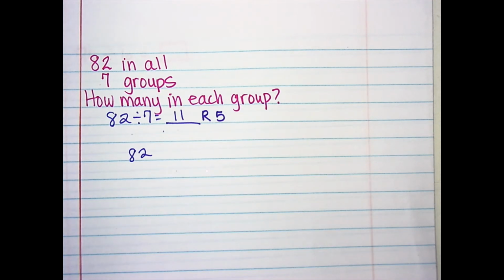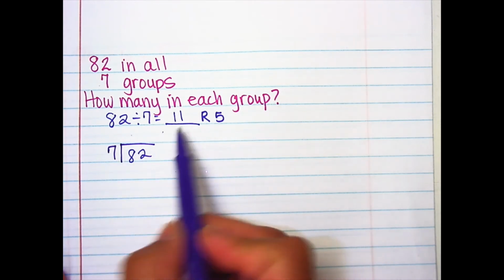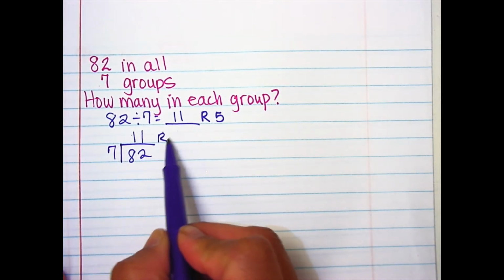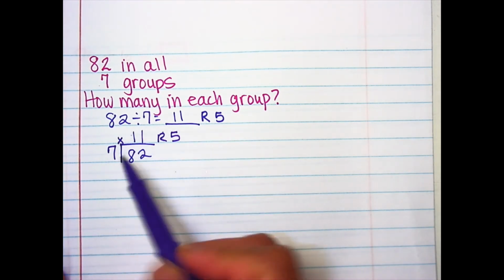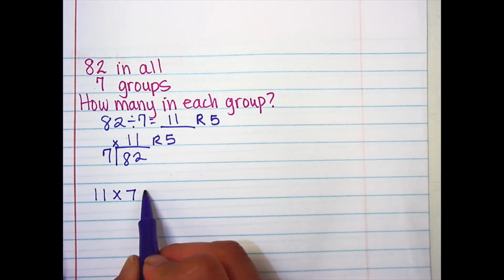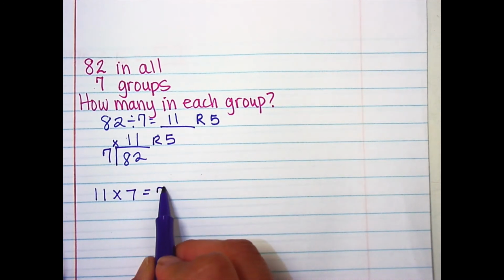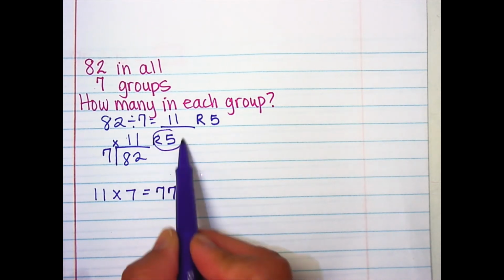We can also write it 82 divided by 7 equals 11 with a remainder of 5. And we can check our work by doing 11 times 7 equals 77. Once you get 77, then you have to add your remainder.